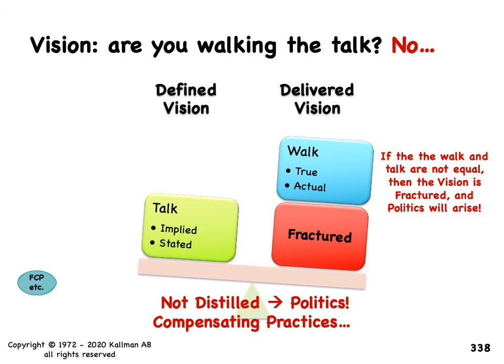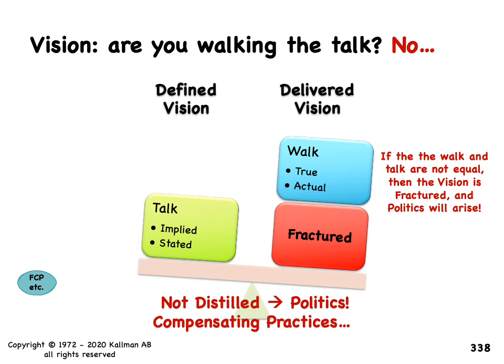So if it's fractured, that fracture tips the balance and puts the vision out of whack. That means it's not agreed to. There's no agreement. The agreement has not been distilled.